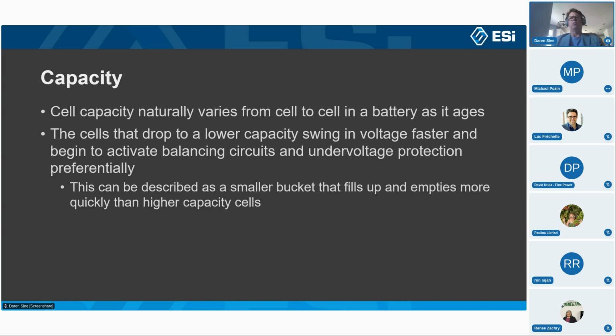So maybe the worst cell drops to 1.8 amp hours, other cells stay close to 2 amp hours. That lower capacity cell swings in voltage faster because it's a smaller bucket to collect energy and to release energy.